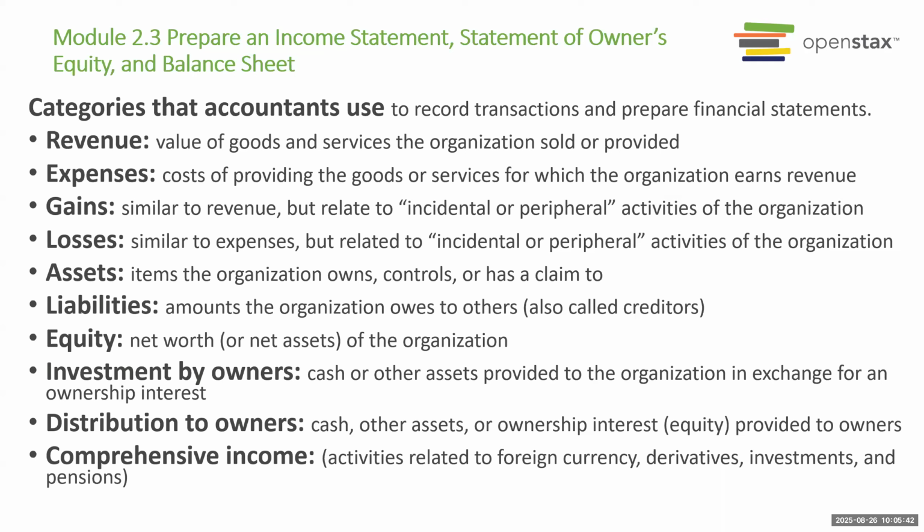Distributions to owners are either cash or other assets. For sole proprietorships and partnerships, it's called a withdrawal. For a corporation, it's called a dividend. Again, I won't belabor comprehensive income, but it's related to foreign currency, derivatives, investments, and pensions, things unrelated to what the business is in business to do.